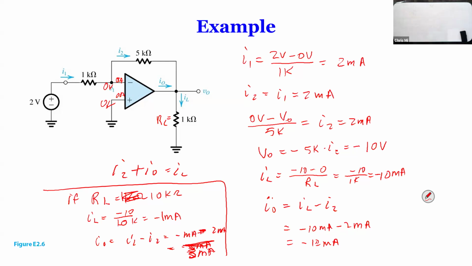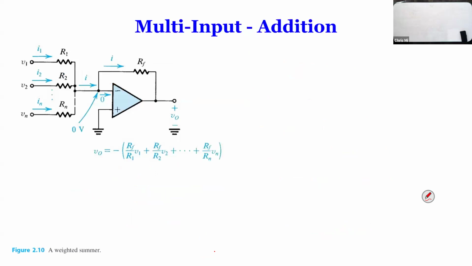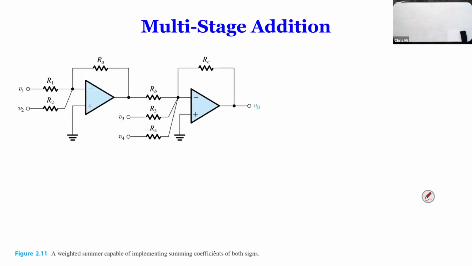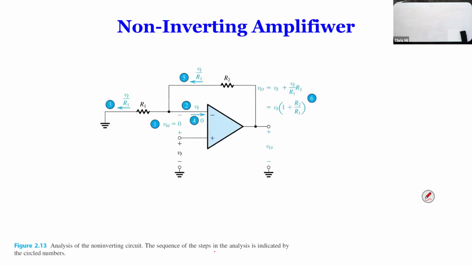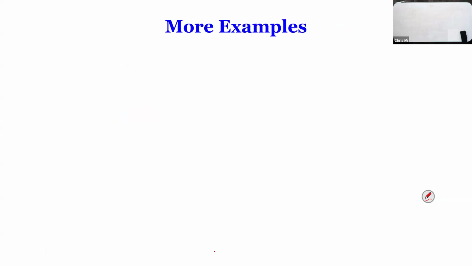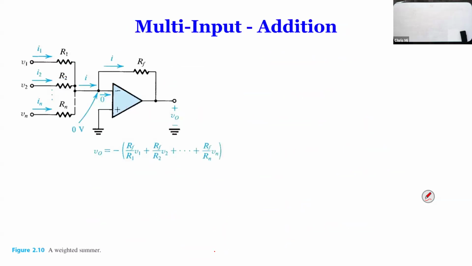But we actually can do it with a single op amp, non-inverting. Well, let's do this next week, because we're going to spend a lot of examples going through how to calculate.